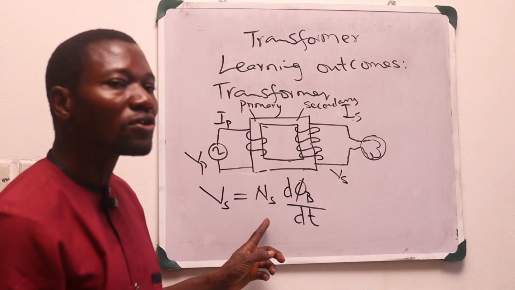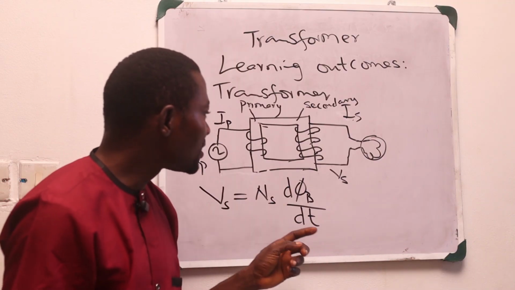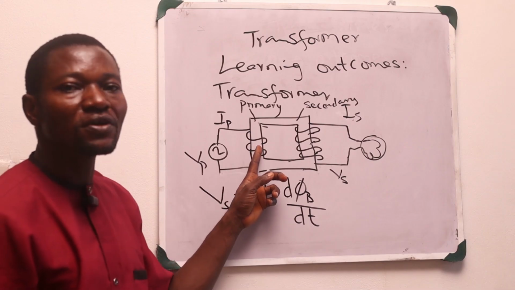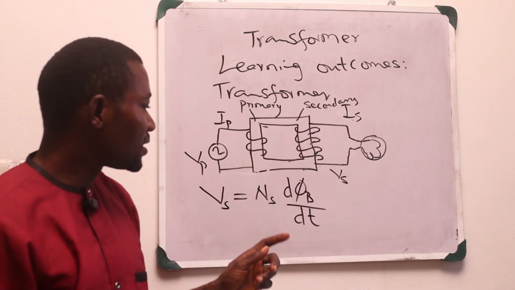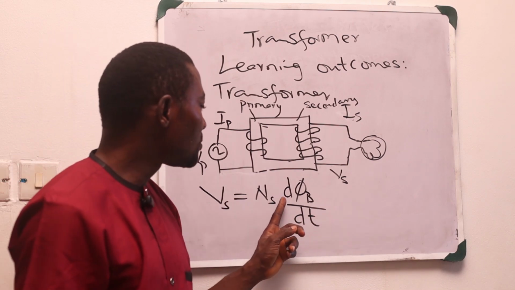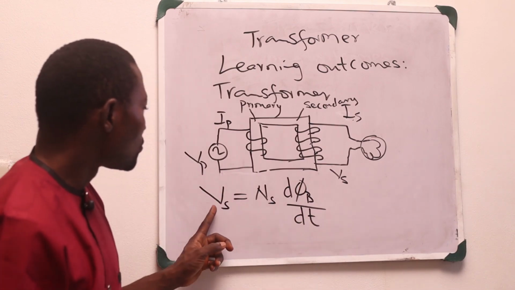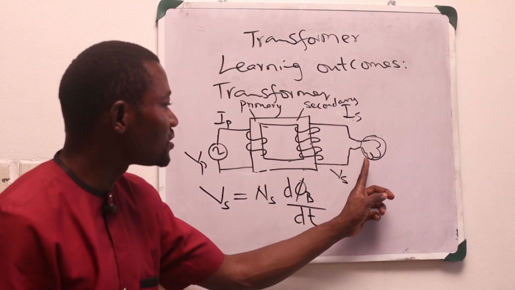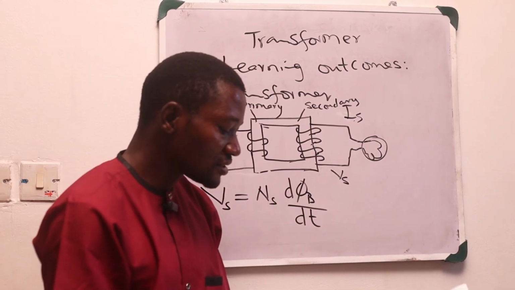According to Faraday's first law, whenever there is a change in the magnetic flux linking the circuit, an EMF is induced. The second law states that the induced EMF is directly proportional to the rate of change of magnetic flux. So to calculate the voltage in the secondary coil, we use this expression.